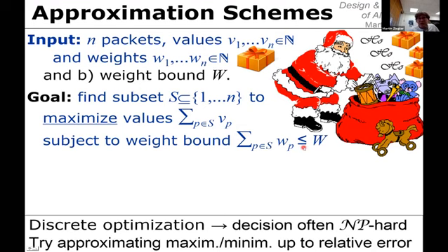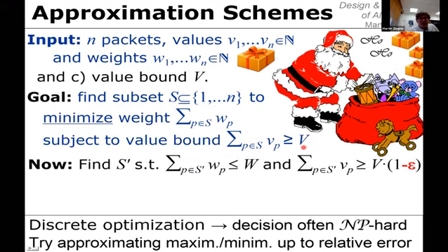And the other is the minimization problem. Here we're given a value bound. So this is the expectations of your family captured mathematically. The total value should be at least that, and your goal is to pack a knapsack, suitcase as light as possible.